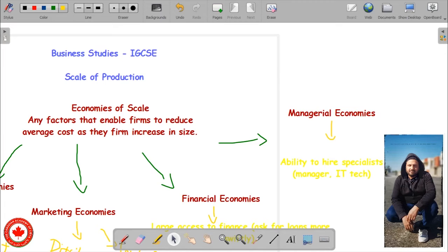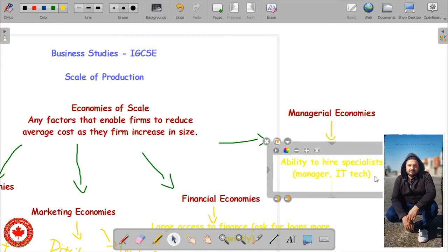You would say that, okay, Mister, since they cost money to hire, how is this considered a benefit for managerial economy? When you hire such specialized staff, guys, it means that the production of the company, it means that these firms will produce more efficiently.